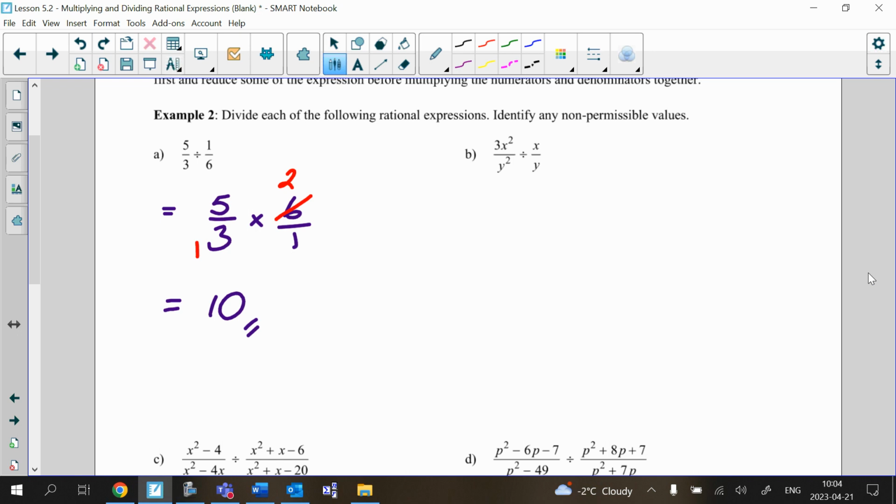Now let's change it to multiplication by multiplying by the reciprocal of the second fraction. Now I've got to state restrictions again because I have something new down below. What's another restriction? X can't equal 0.